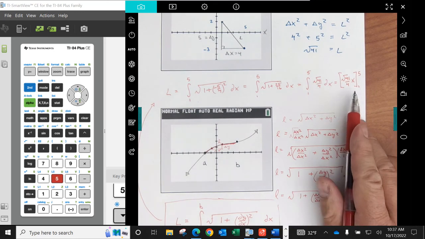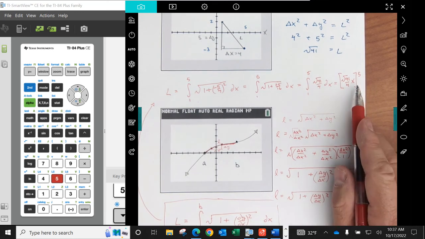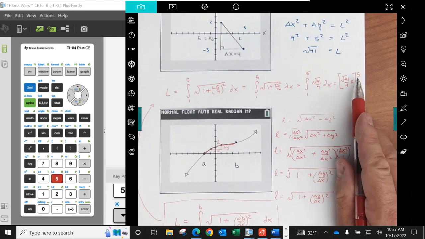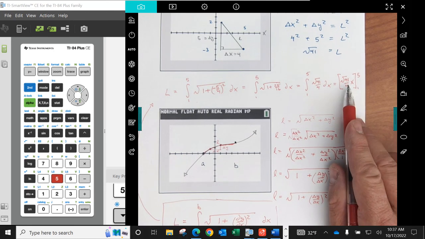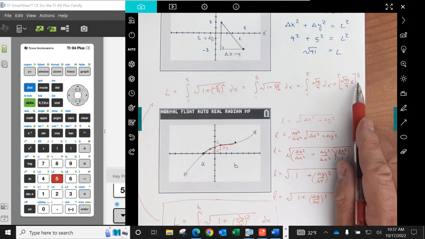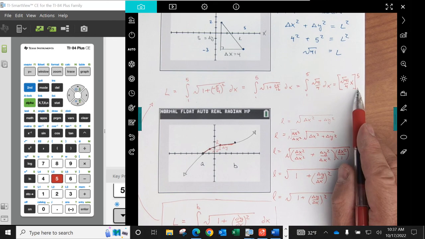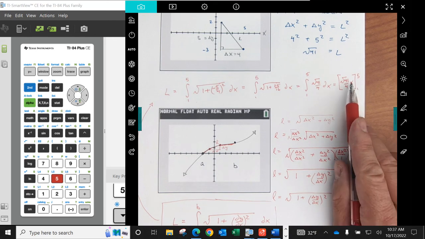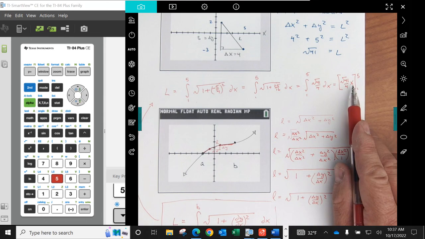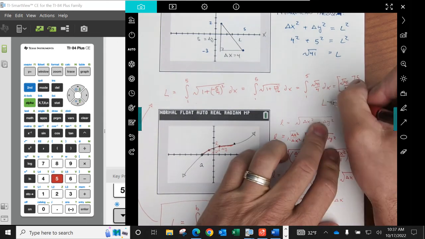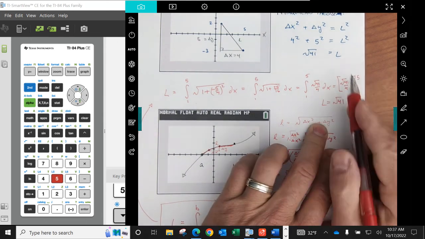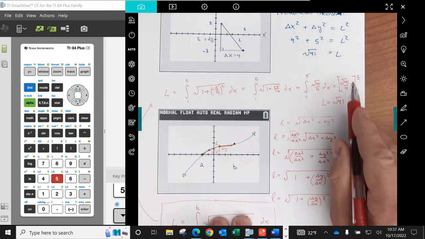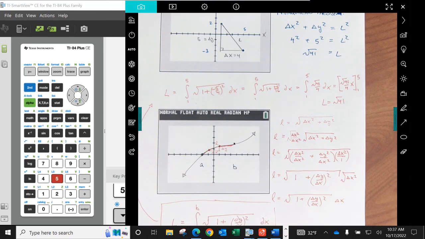Alright, so here's our fundamental theorem of calculus. I need to do the rest in my head because I ran out of room here, but I'm going to first substitute in that upper bound of 5. So I have 5/4 square root of 41, and then I'll substitute in the lower bound of 1, and I've got 1/4. So I got 5/4 minus 1/4. I got 1 square root of 41, which of course matches what we had from our Pythagorean theorem.